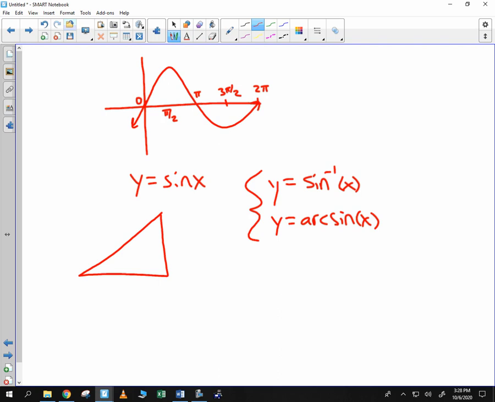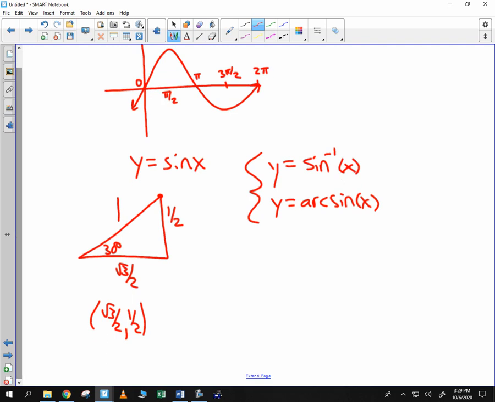It's true that if you have a 30-degree angle, the short side is 1/2, and the other side is root 3 over 2. That created that terminal point there of root 3 over 2 and 1/2, as you have learned through this time period.